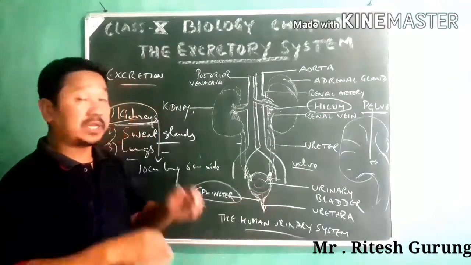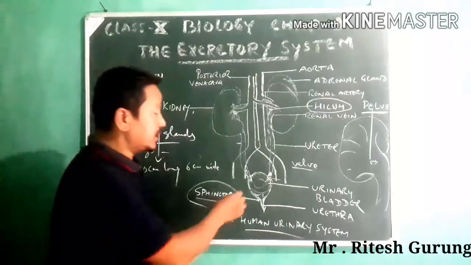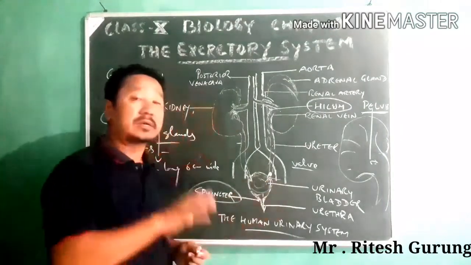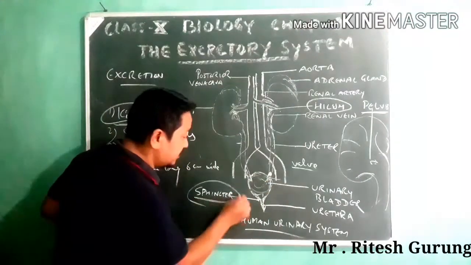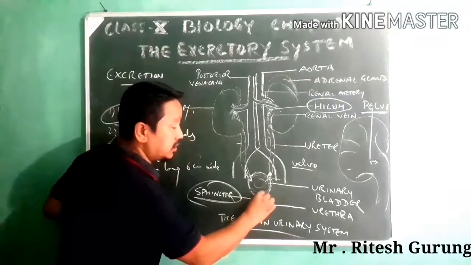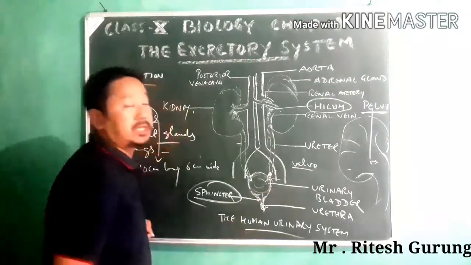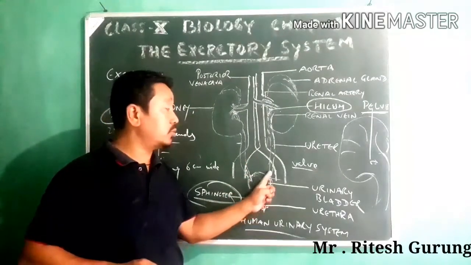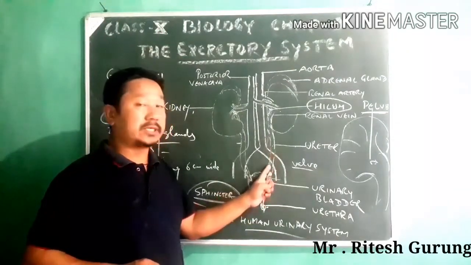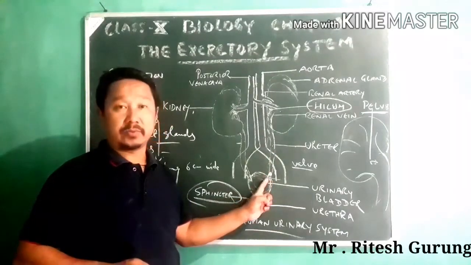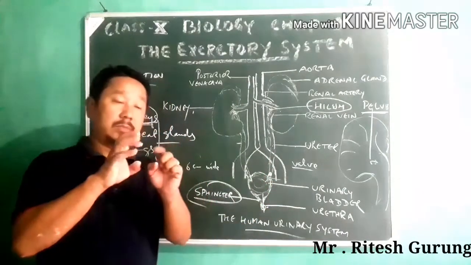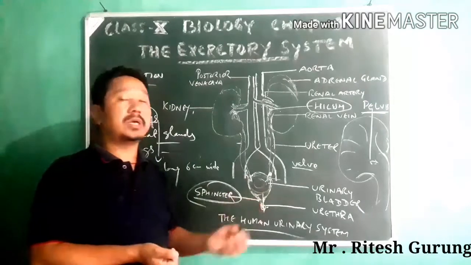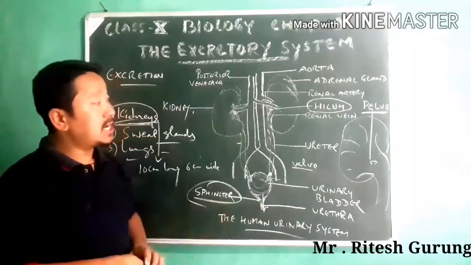When the bladder contracts, the sphincter opens and the urine passes out through the urethra, and the valve blocks the backflow of the urine. So this is how it acts.